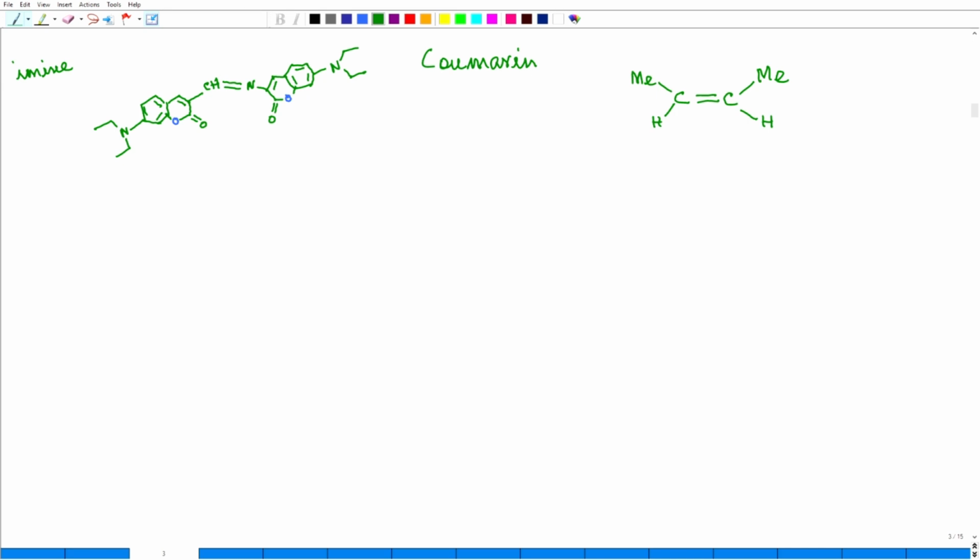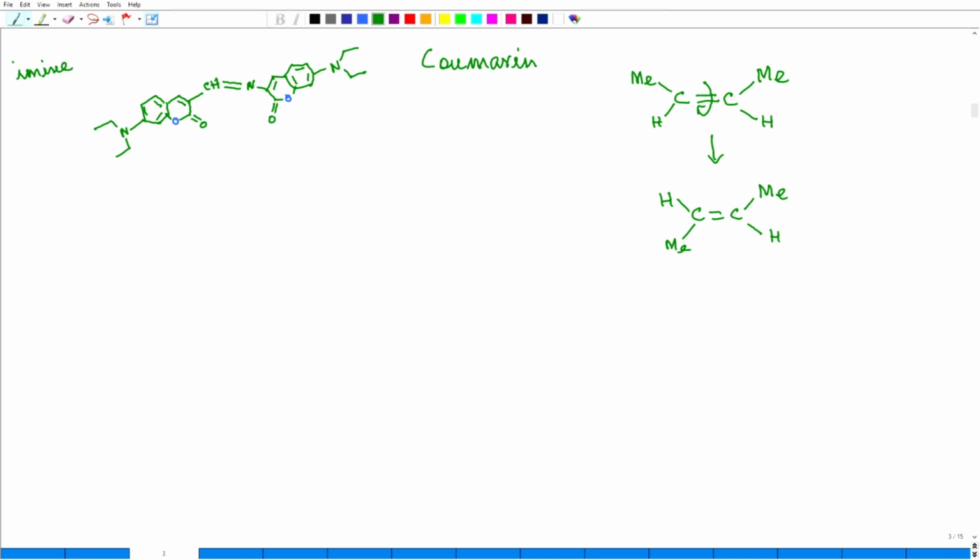When you excite it and then stop excitation, Me goes here, hydrogen, Me comes here, it becomes trans. Why? Because it can rotate. A double bond cannot rotate, but when we excite it, the double bond becomes a single bond momentarily, and as soon as it becomes a single bond, it rotates.